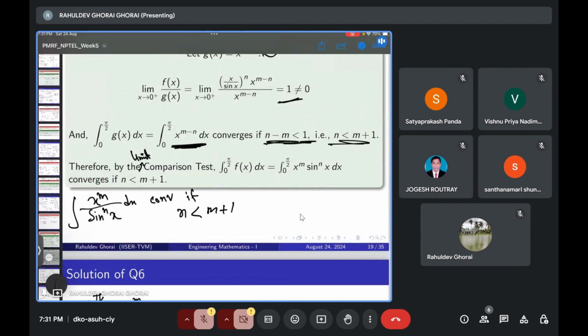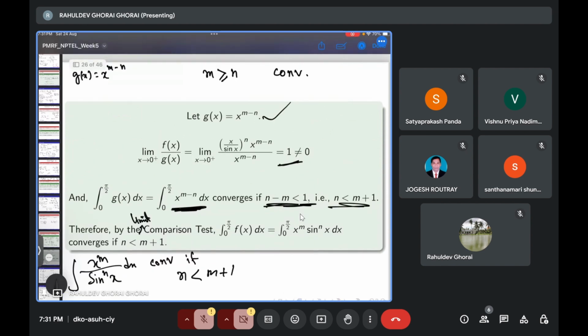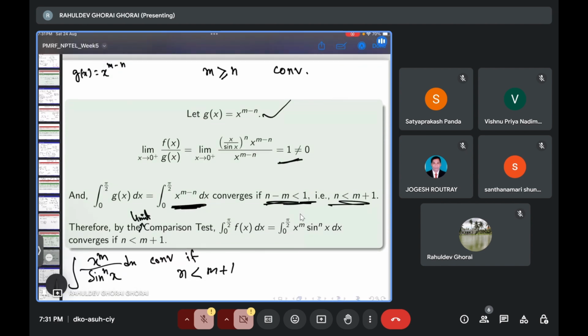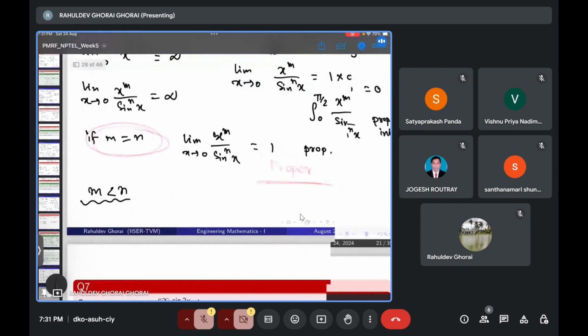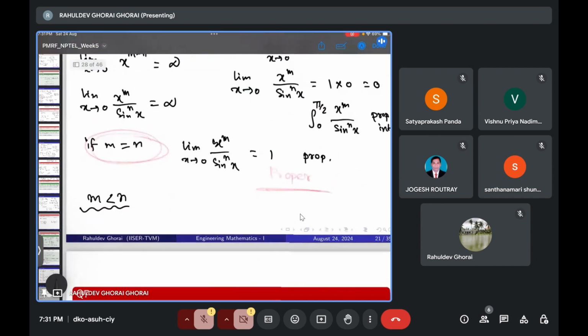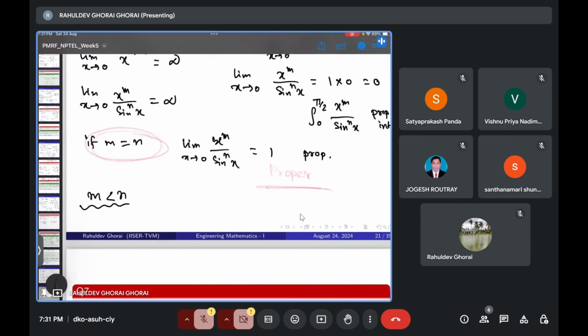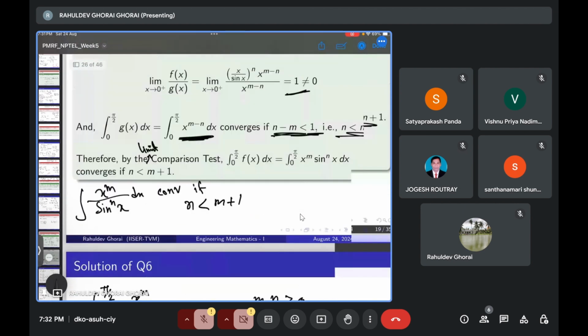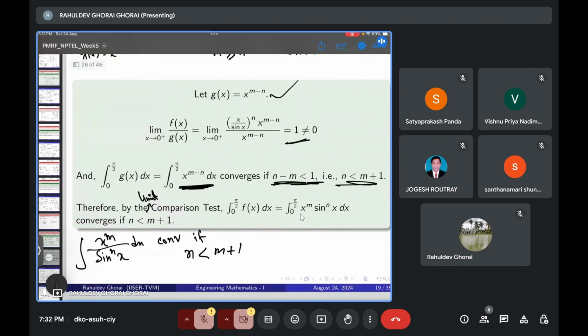So I just found out first that when m is less than n, only then is the integral improper. Otherwise, if m is greater than or equal to n, it will be convergent, right?